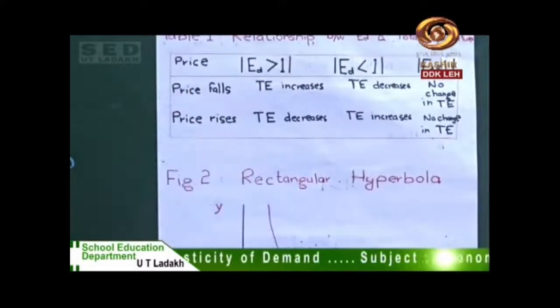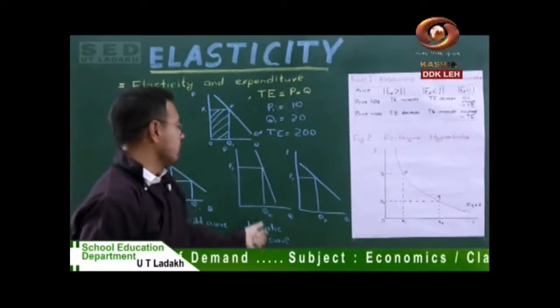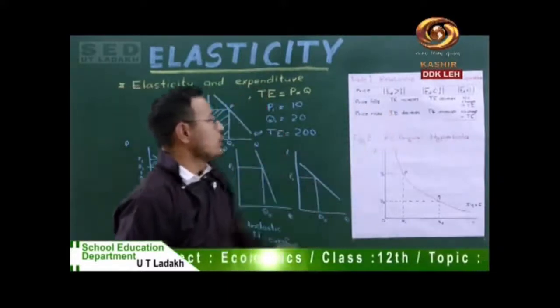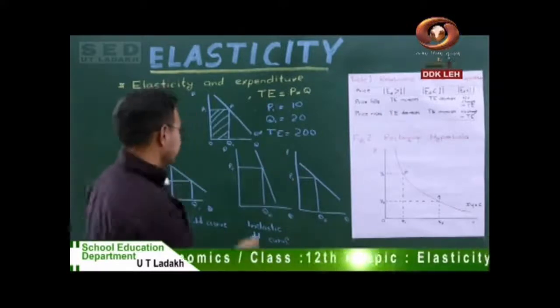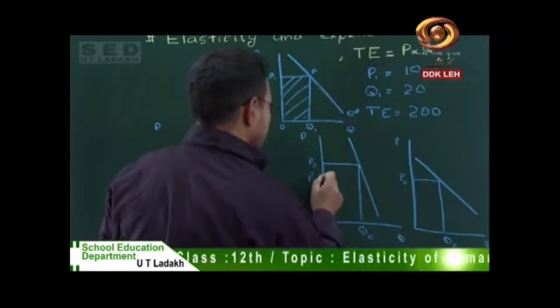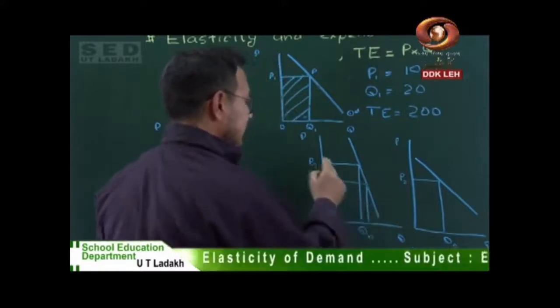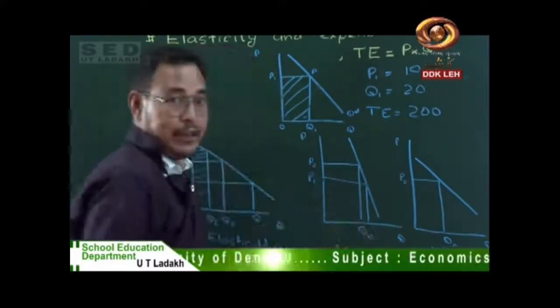Opposite is the case of an inelastic demand curve. Here, whenever you have a fall in your price, your total expenditure also decreases. That means this particular area is less than this particular area.